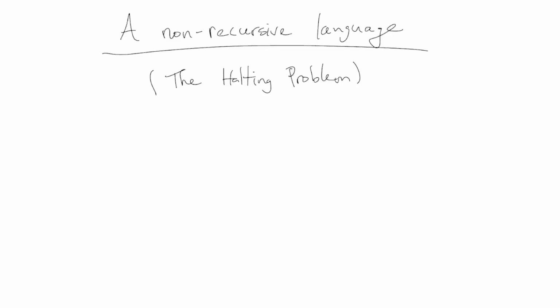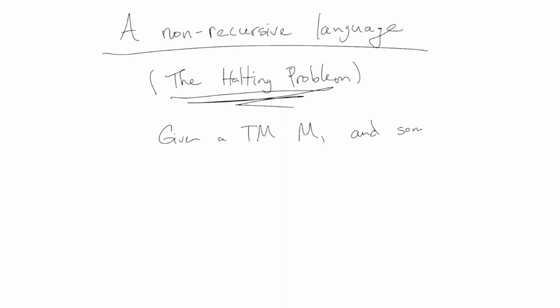So the halting problem involves, given a Turing machine, let's say M, and some string X, asks the question, does M accept X? That's the question. This is called the halting problem. Is there a way to tell if the Turing machine accepts X or not?